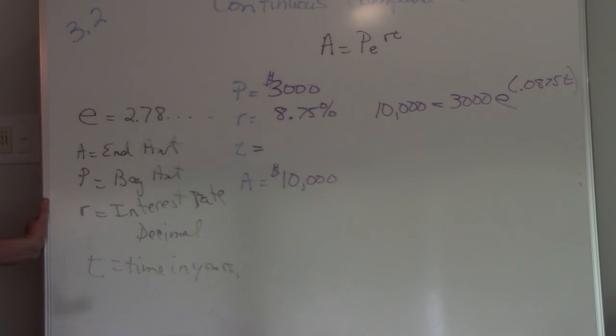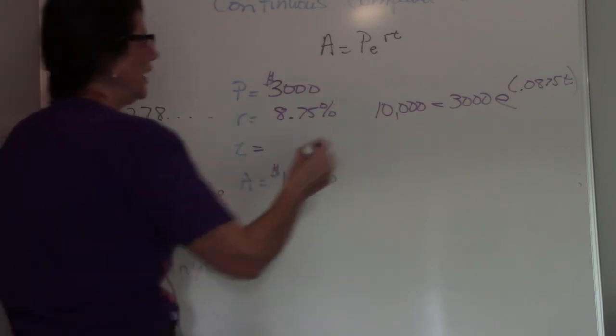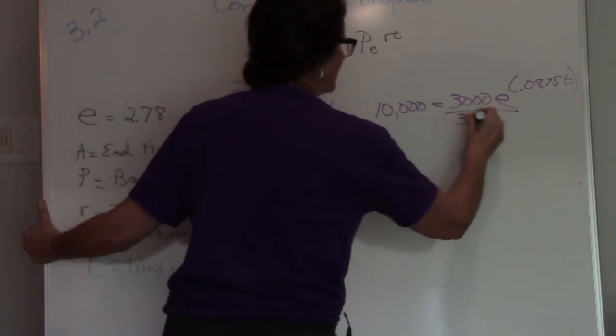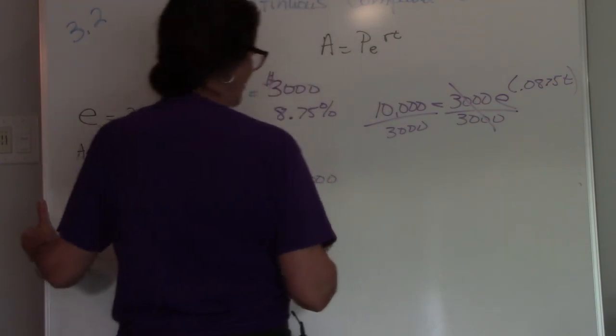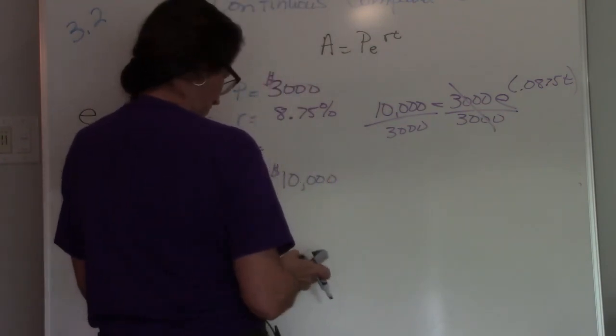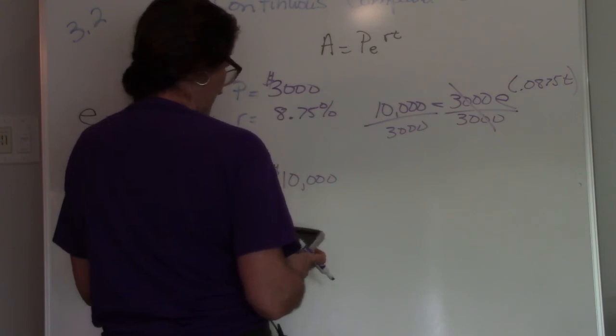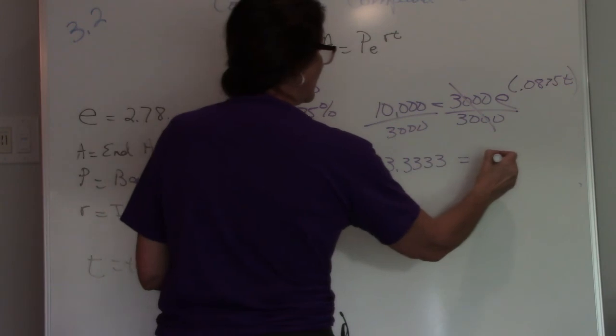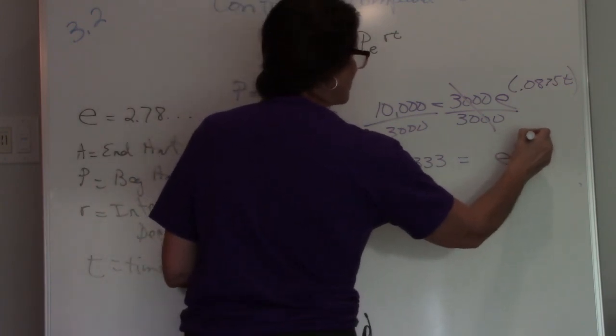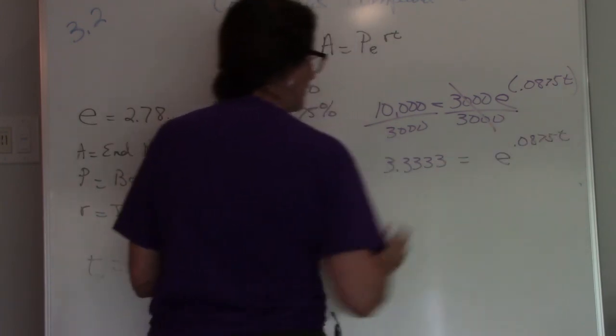Time is our variable in the exponent, so we have to isolate the e. 10,000 divided by 3,000 is 3.33 equals e raised to the 0.0875 times T.